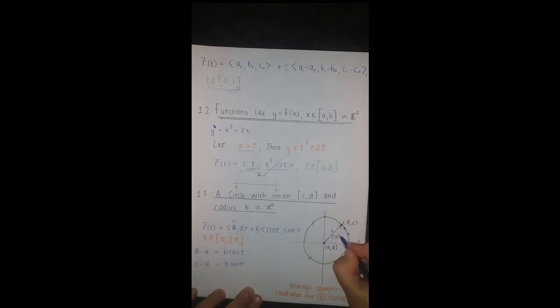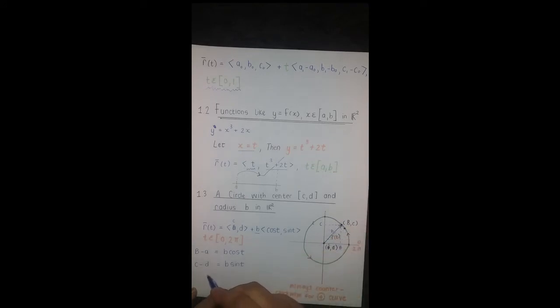So let's say this is your b. So b minus c, the center x value, which is normally 0, b minus c is b cos t. That's the difference in the x direction. And then let's say d is this point's y coordinate.